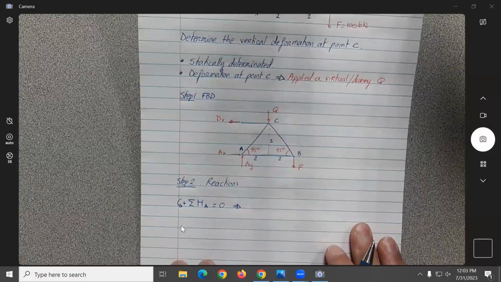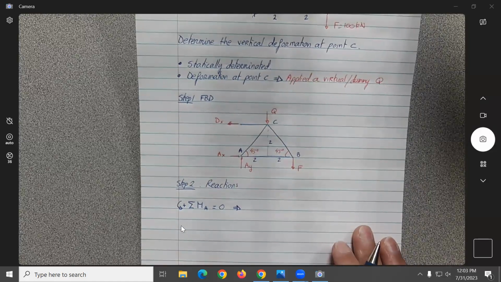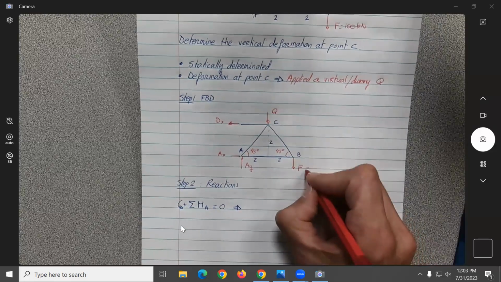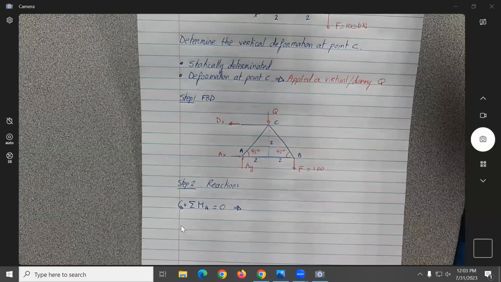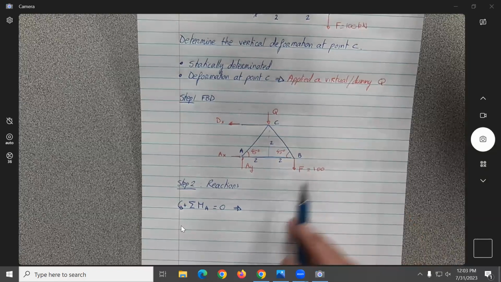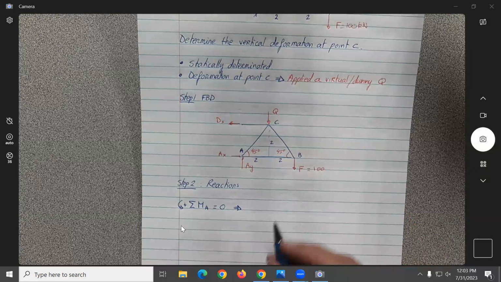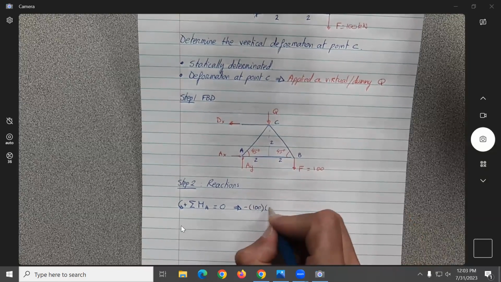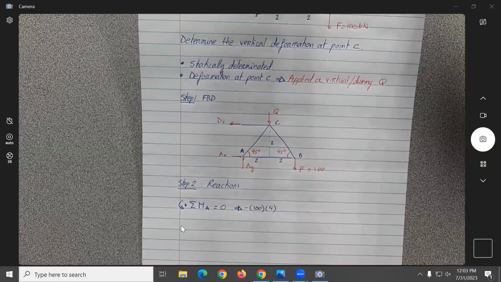What are we going to have? So F is equal to what? 100, no? But will the 100 produce a positive or negative moment? It will be minus 100. What will be the arm? 4.